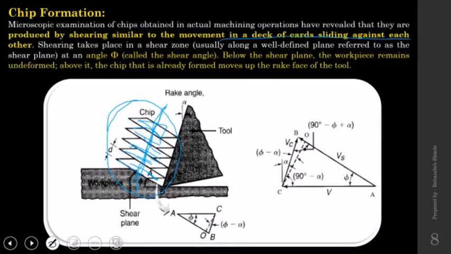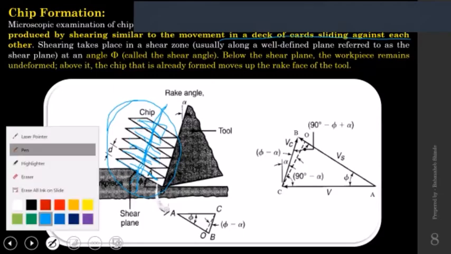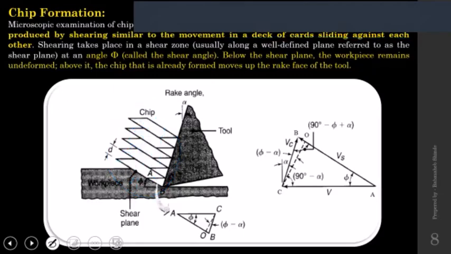But this kind of movement is considered to be there. That is sliding of one layer of chip over the other. That movement takes place along a certain inclination. That inclination is denoted by phi, and that is called the shear angle.